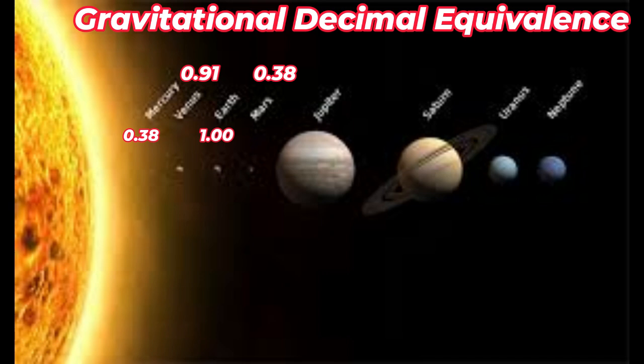On Jupiter, it is 2.34. On Saturn, it is 0.93. On Uranus, it is 0.92. And on Neptune, it is 1.12. These decimal equivalents will help us to determine how much you will weigh on that particular planet.